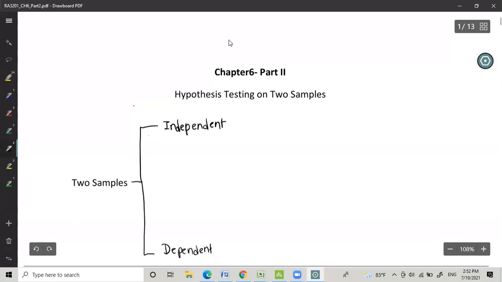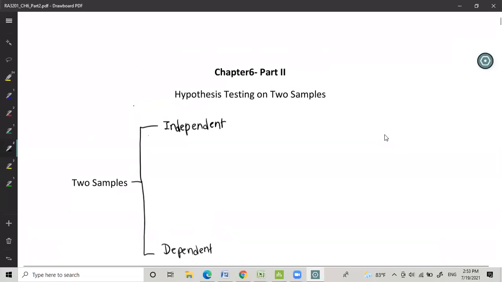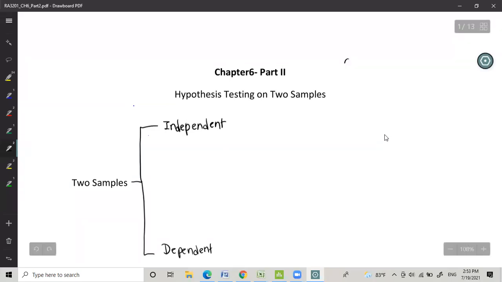Okay. So independent samples means now when you do hypothesis testing on two samples, what we are going to do is we are going to compare two populations. Can be the proportion, it can be the mean, but we are going to compare the two populations, whether the averages are equal or not, whether the average of first population is bigger than the second one, whether the proportion of the first population is smaller than the second one.